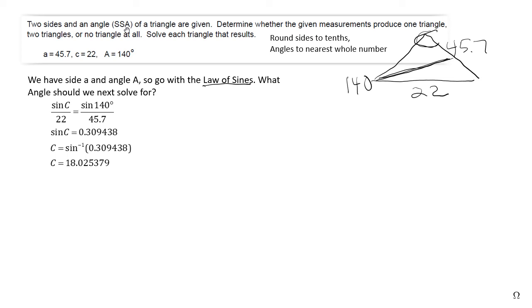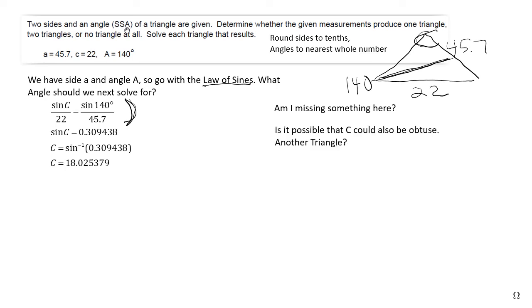So here is the law of sines being put into play. We solve for angle C. It comes out to be 18.02. But since we started with the law of sines, could I be missing something?